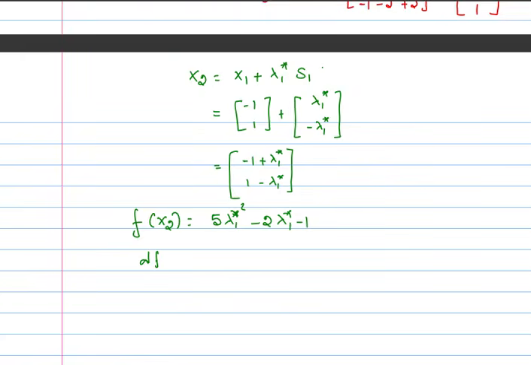So df by d lambda 1 star, you will get 10 times lambda 1 star minus 2 equal to 0. This implies lambda 1 star equal to 1 over 5. So our x2 becomes minus 0.8. Here you will get it as plus 0.8.